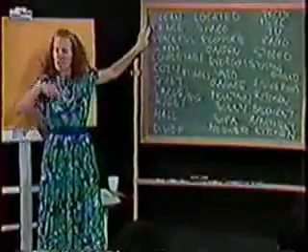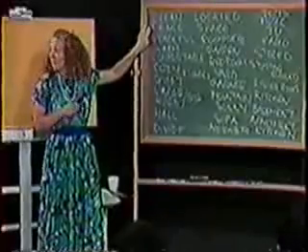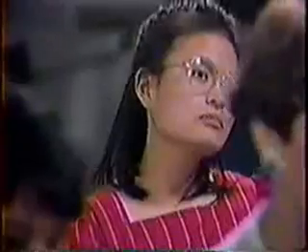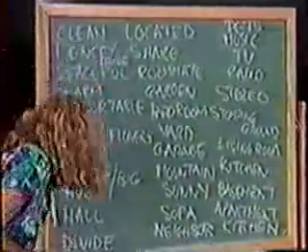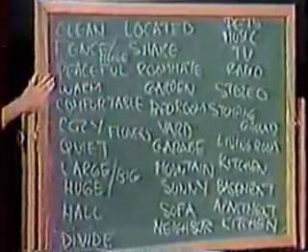How many people have a fence around their house? What is it made out of? Wood? Wire? Iron sometimes? A fence out of trees, we call that a hedge. So a fence that's really bushes or trees is called a hedge. Okay?